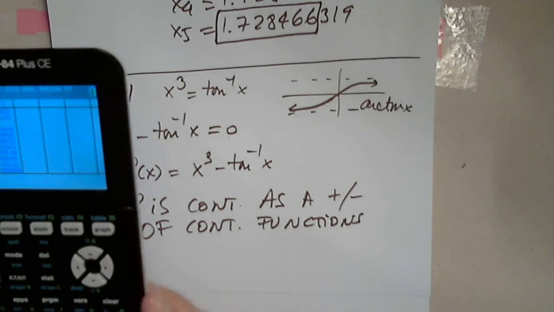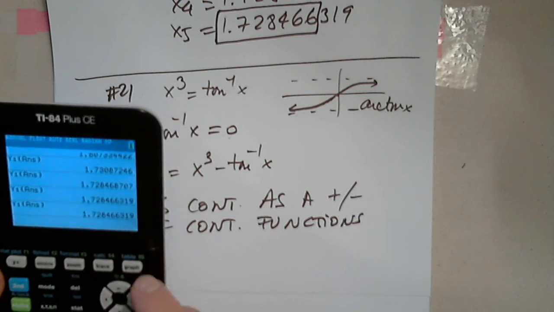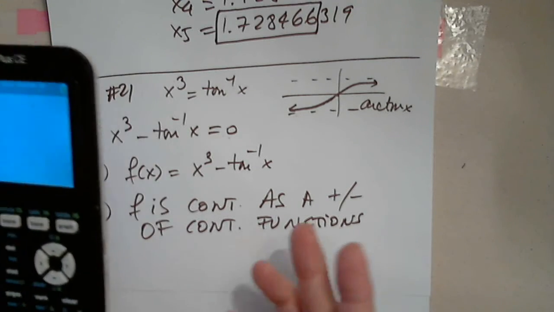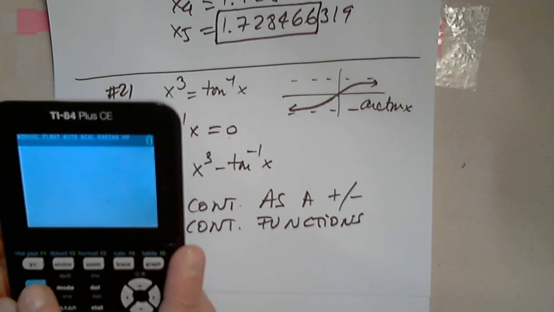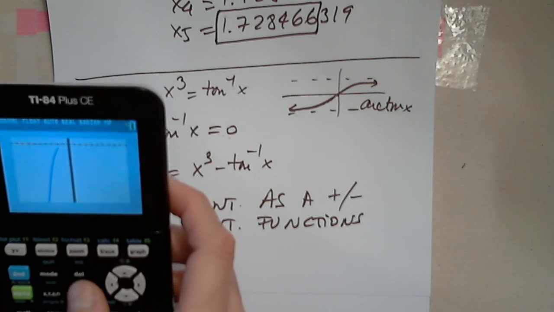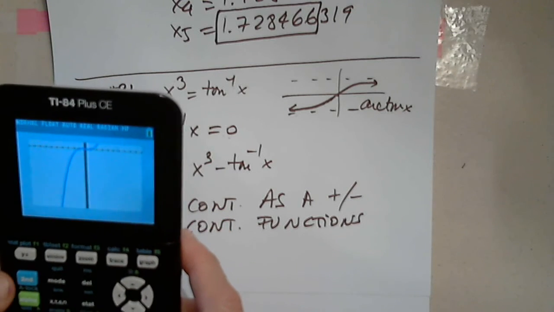If that's the only solution, let me graph this for a second. So what do they want us to do? If 0 is the only solution, I'm done. Okay, so I want to graph. Oh, I see what happens, there is more than one.